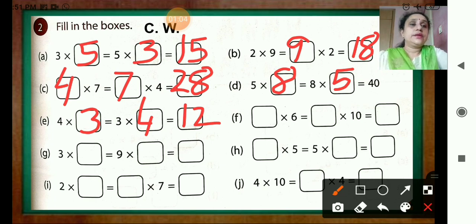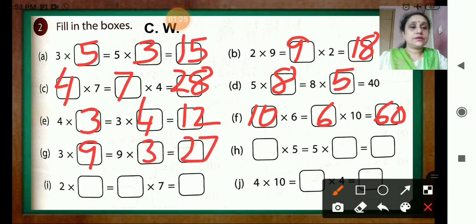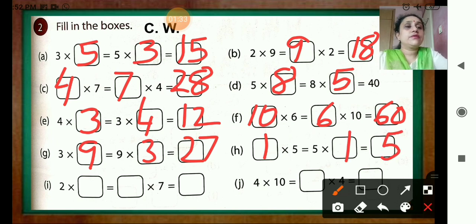Then again here, blank box multiplied by 6 equal to, here you can see 10 6 are, and 6 tens are 60. Now question G, here you will write 3 nines are, and 9 threes are 27. Now H, what do you have to write here? 1 fives are, and 5 ones are, you will get 5.